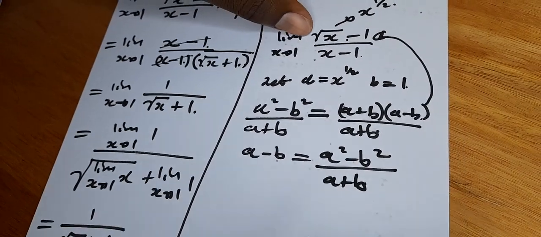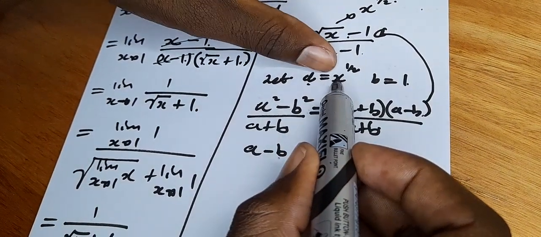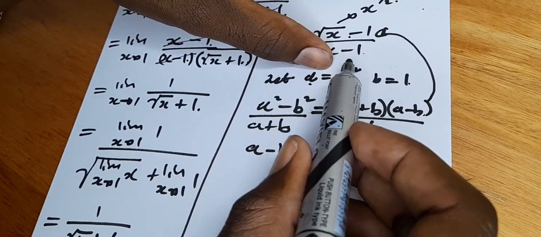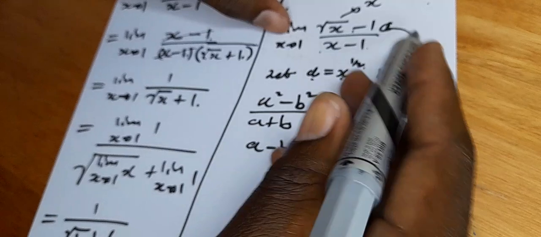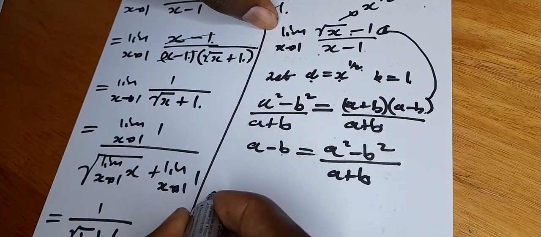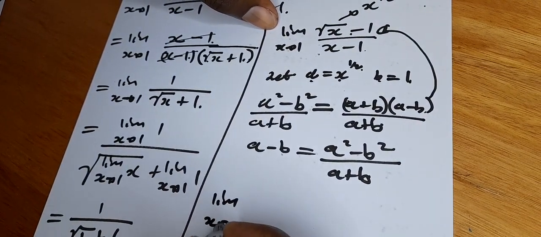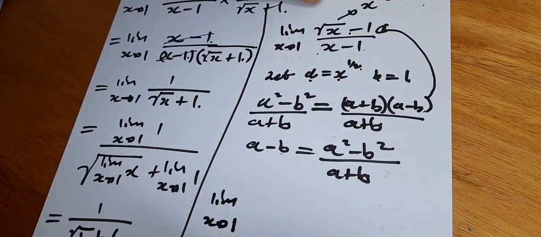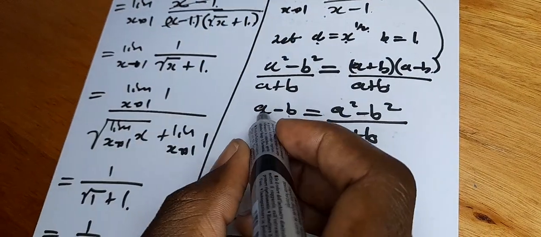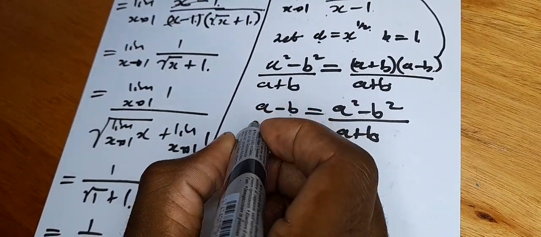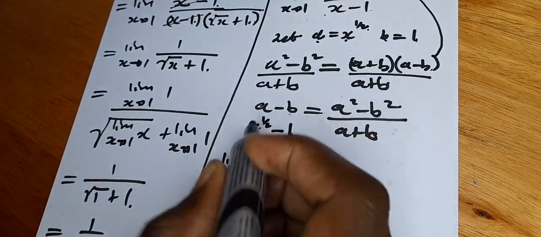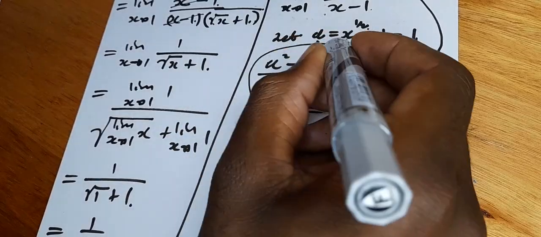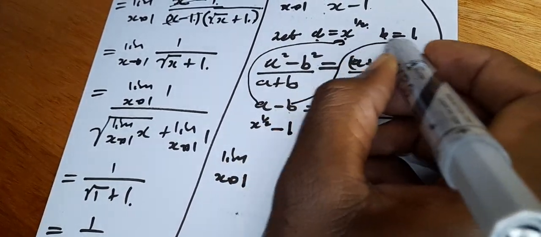From here, remember we said our a is equal to x to the 1 over 2, and our b is equal to 1. Now we are going to substitute everything. We have the limit as x approaches 1. Now this one is the same as what? Let us substitute here: x to the 1 over 2 minus 1, because our a is equal to this and our b is equal to this.